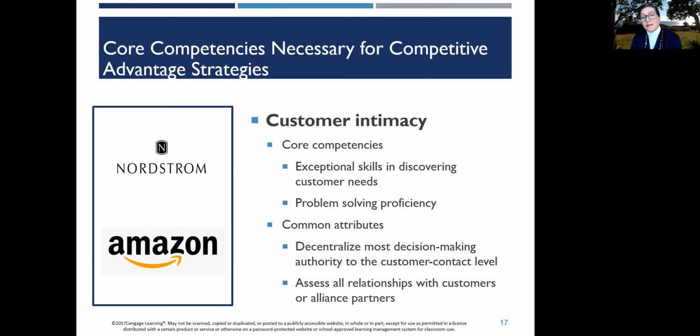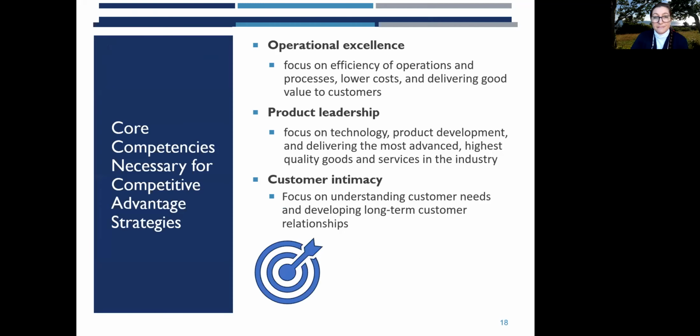And this type of customer intimacy strategy is all about relationships with your strategic partners, with your supply chain partners, and with your community partners.